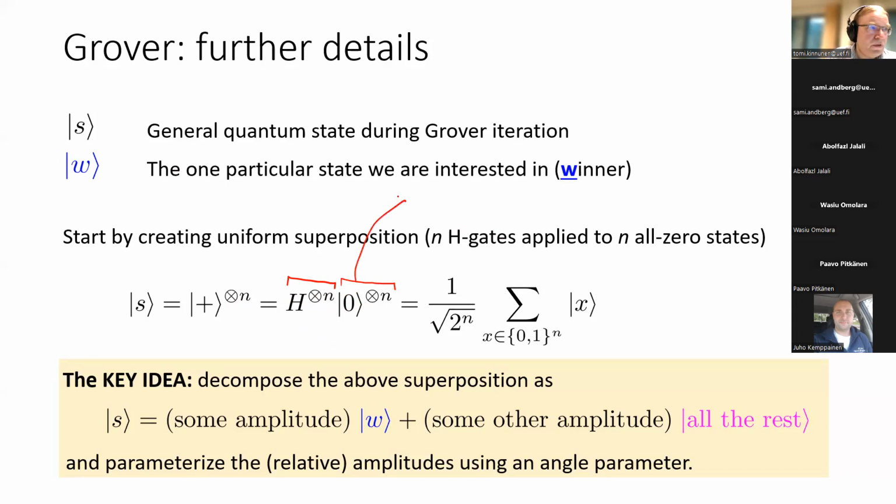Just to clarify, this one means 0 tensor 0 tensor etc. tensor 0, n number of times. This is also known as a Kronecker product in linear algebra, where you have the n Hadamard gates and take the tensor of those.